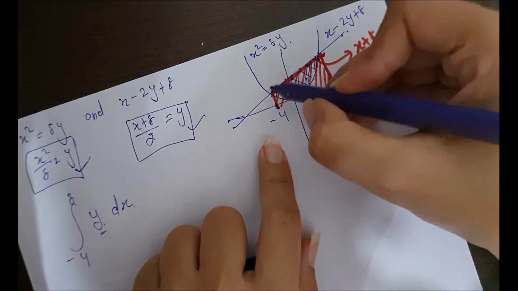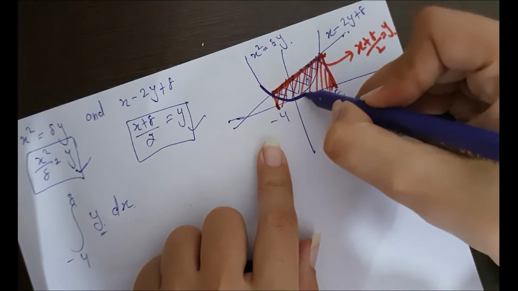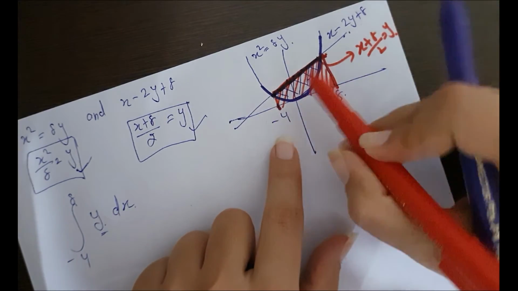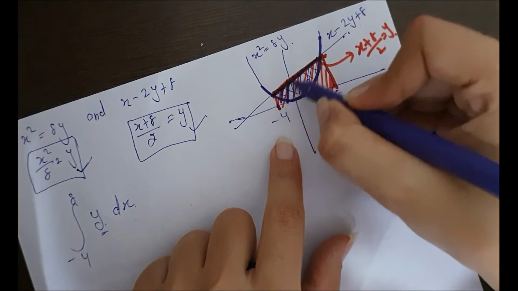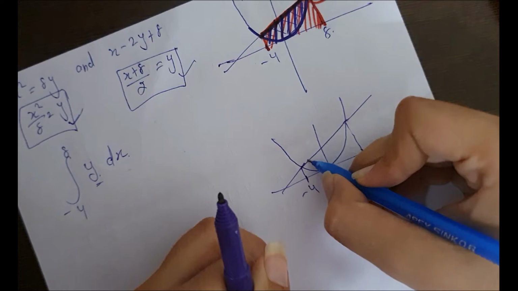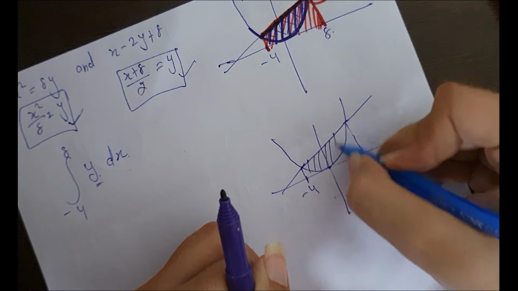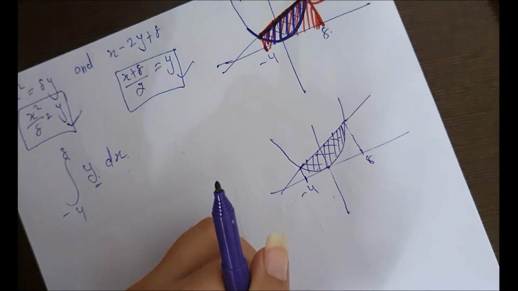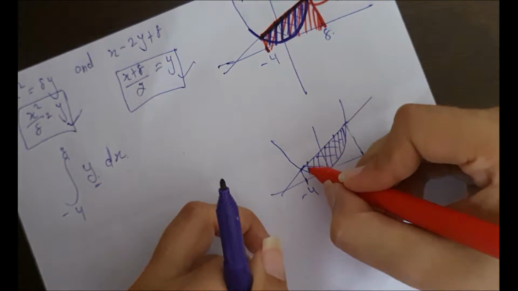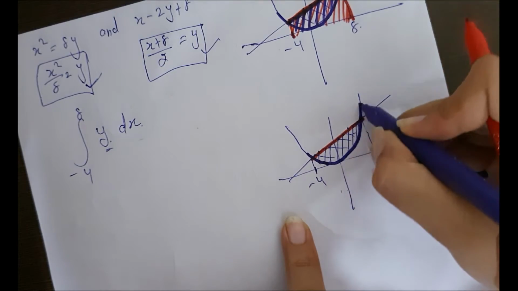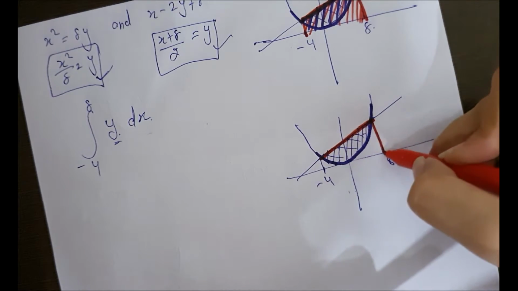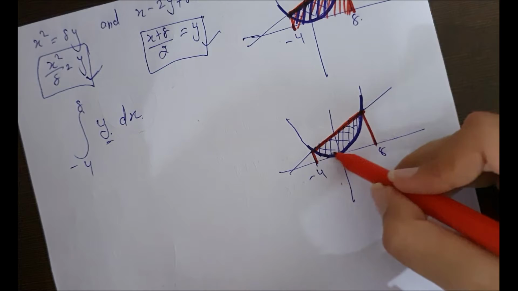If we subtract the equation of the parabola from the equation of the line, we get the area of this part. We have to find the area of this part only.